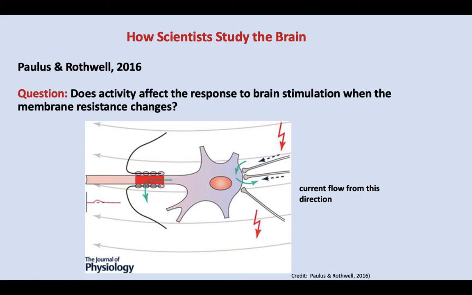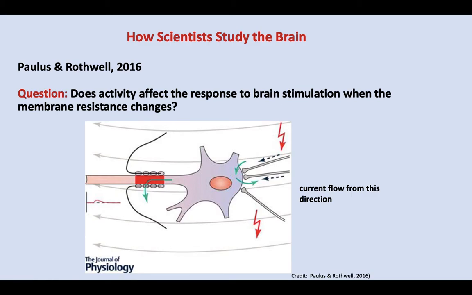Shunting inhibition, they believe, reduces somatic depolarization. It increases synaptic conductance, and there's no obvious change in the membrane potential, but this seems to be a mechanism that influences how resistant or how conductive a neuron actually is.